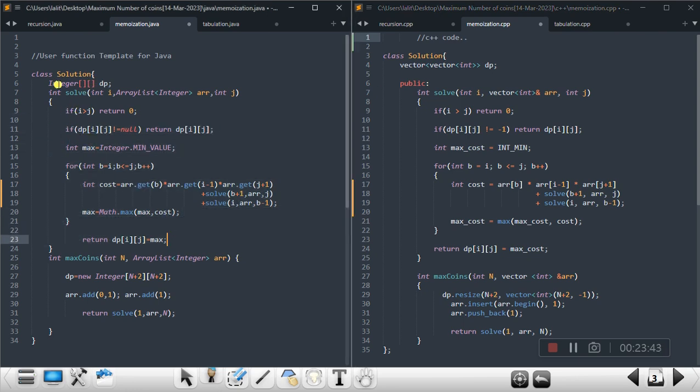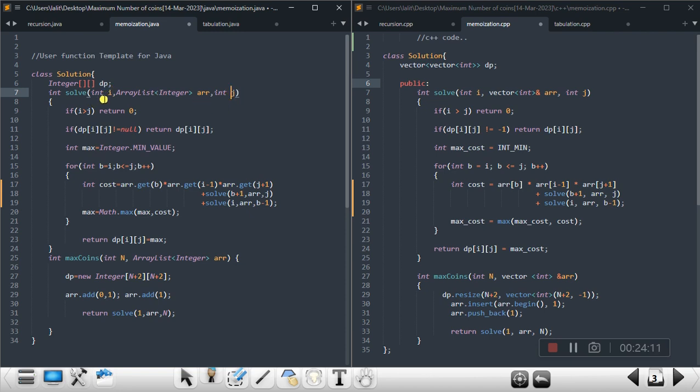What I'm doing is creating a DP array first of all, and this DP array is going to store the solution for the subproblems. And what is the size of this DP array? How to calculate it? Since we have i which is continuously changing and j which is changing, each time I have to store the solution for the particular value of i and j.